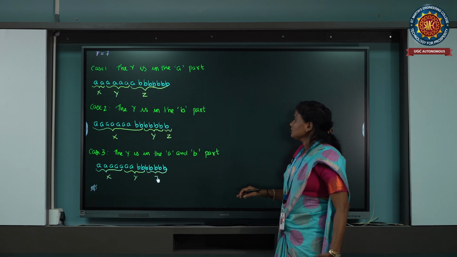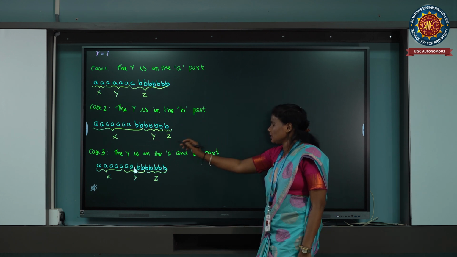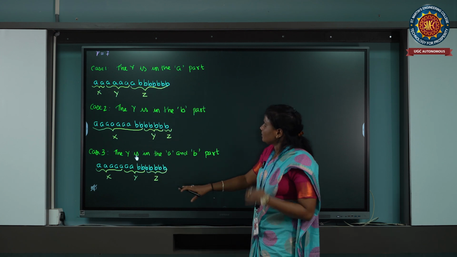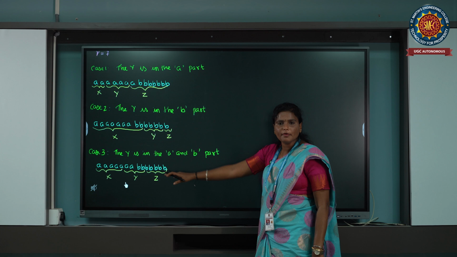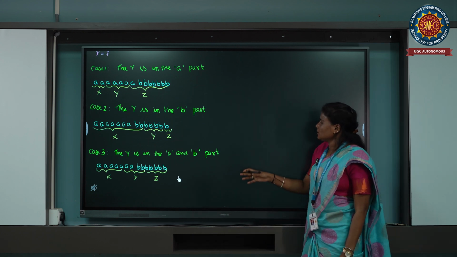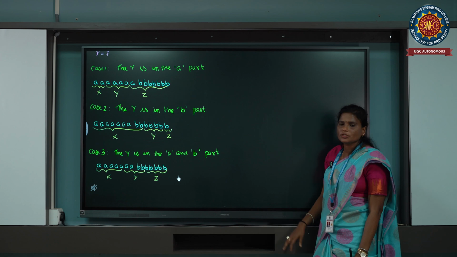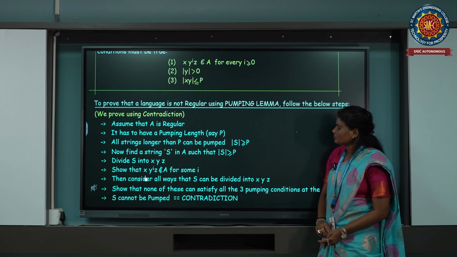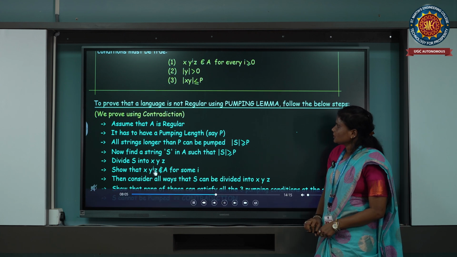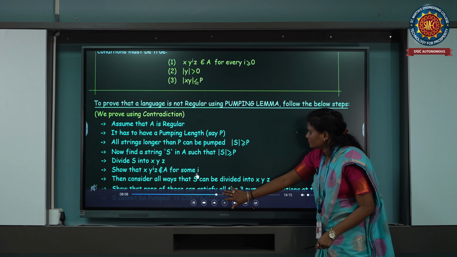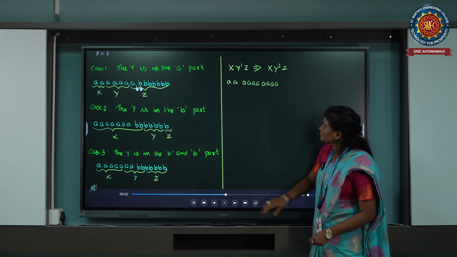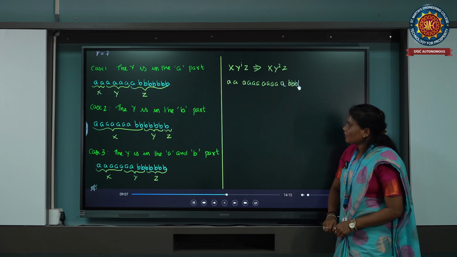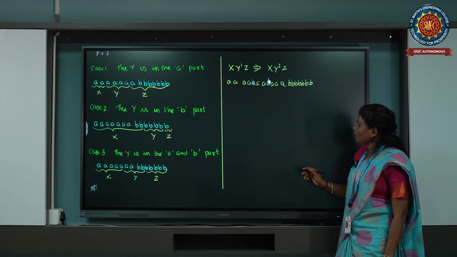So here, putting Y to the power 2, the B's are now 11 in number and there are 7 A's. So it is clear that this string is not following the original language. In the third case, Y is in the A and B part.